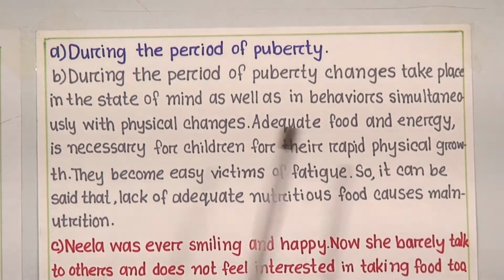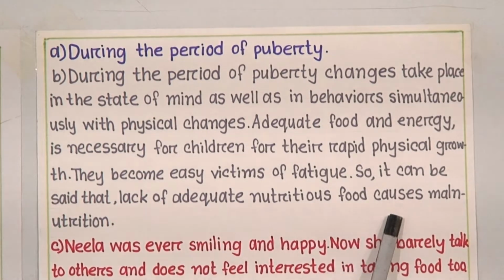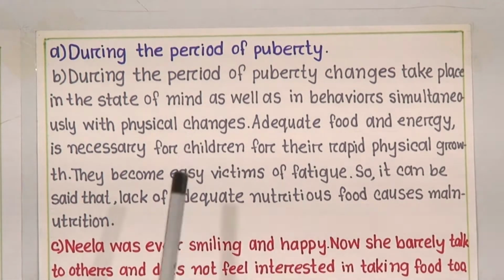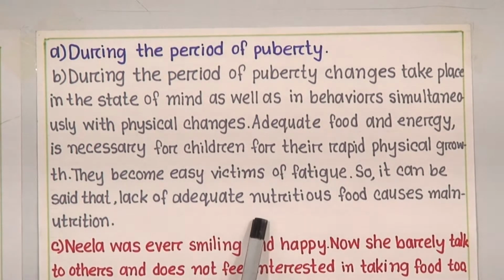So, it can be said that lack of adequate nutritious food causes malnutrition. So, you can get the idea of puberty, and all this happens in this time. So, in this time, you all have to take nutritious food to avoid malnutrition. You have to take care of yourself.